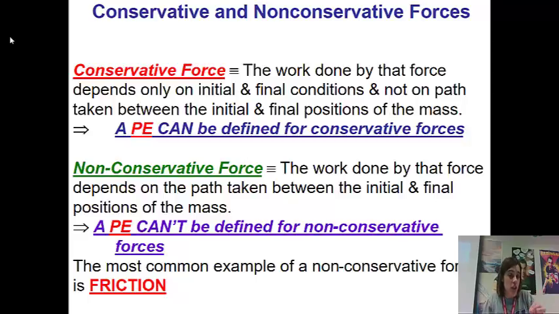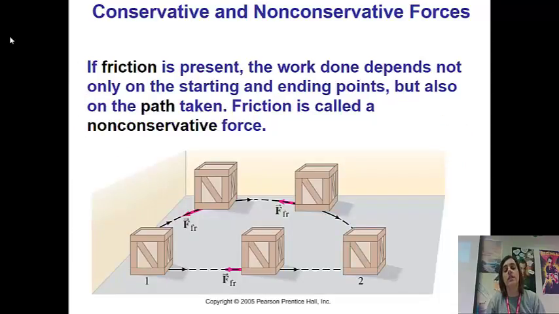That's a conservative force. But if I have friction, the longer my path is, the more energy I'm going to lose due to friction. So the path does matter, and that's where you want to use distance instead of displacement. We can see this here.